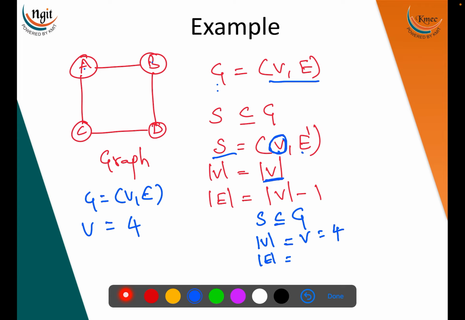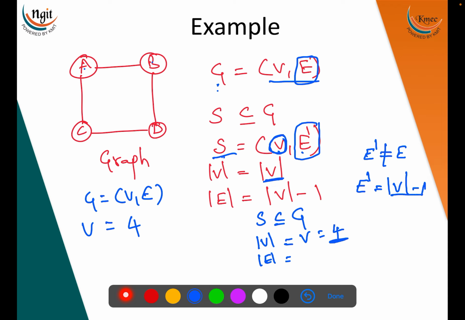So G is equal to V comma E. E is the number of edges. S is a spanning tree which is a subgraph of G. Now the number of edges is E dash, and E dash is not equal to E. E dash is vertices minus 1. So how many vertices do you have? 4 vertices in the spanning tree.